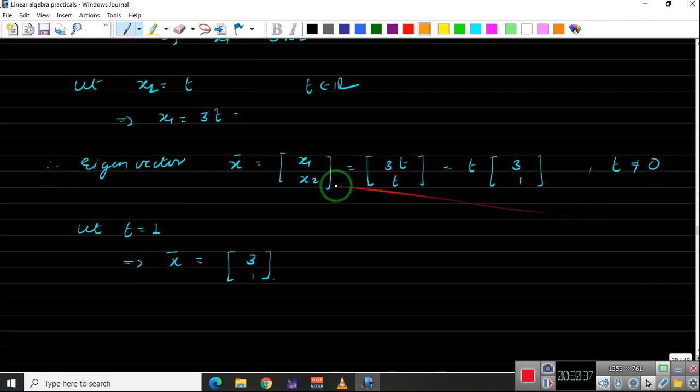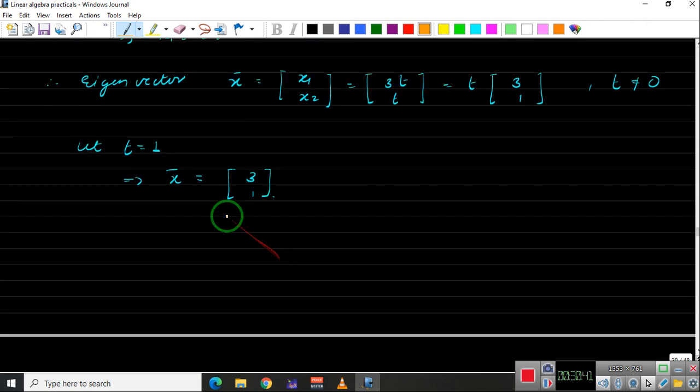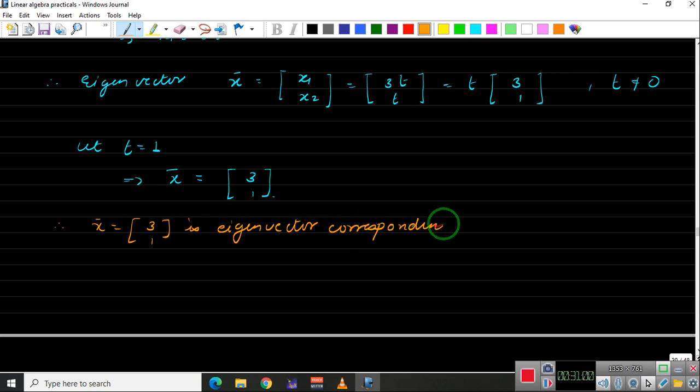T is non-zero, and hence for t equals 1, we got 3 and 1 as the eigenvector, and therefore x bar equals 3, 1 is the eigenvector corresponding to the eigenvalue lambda 1 equals minus 2.